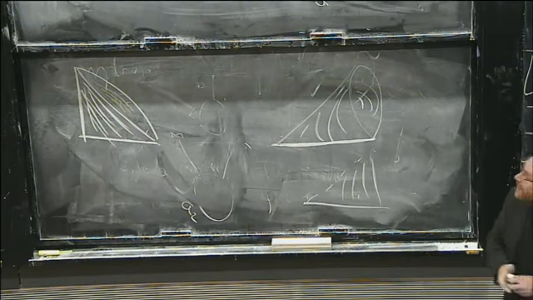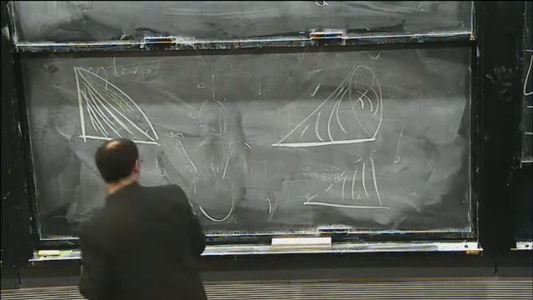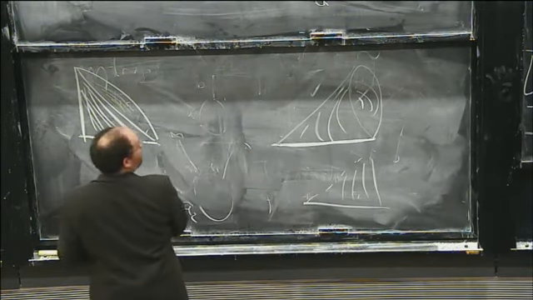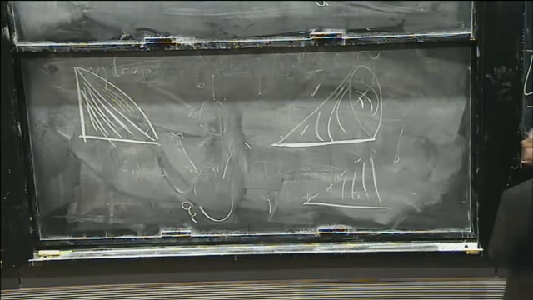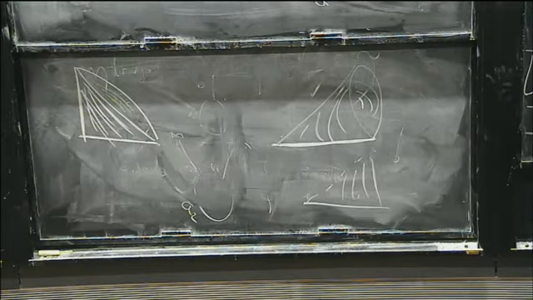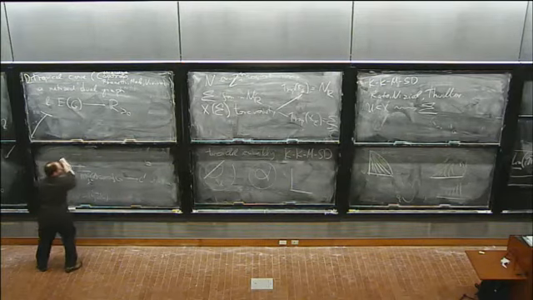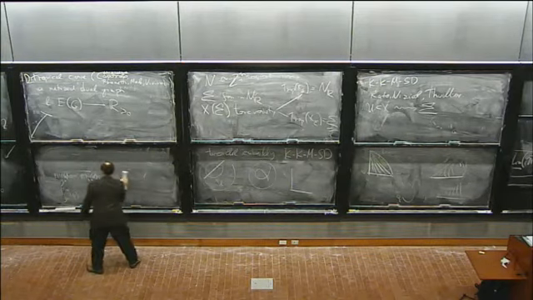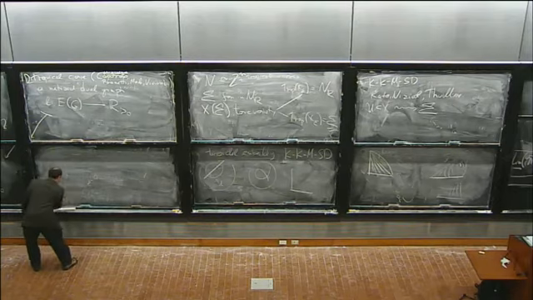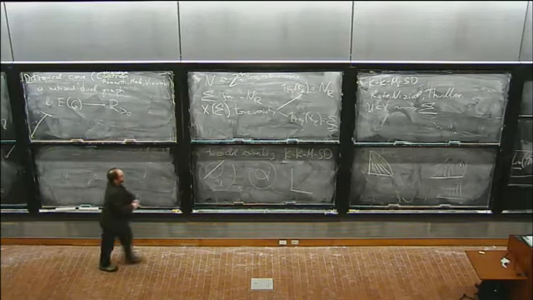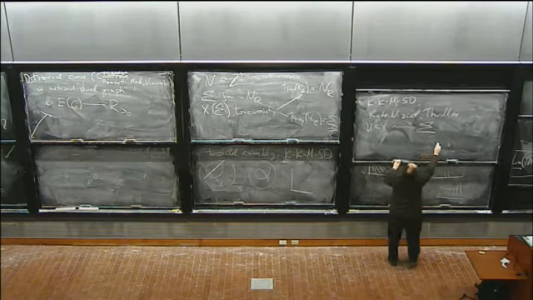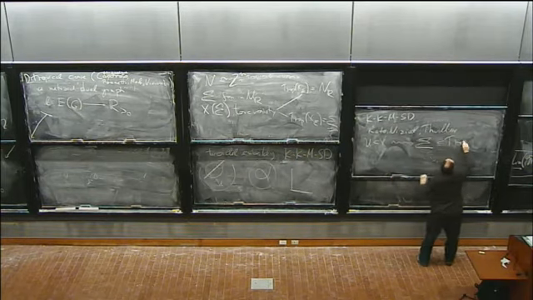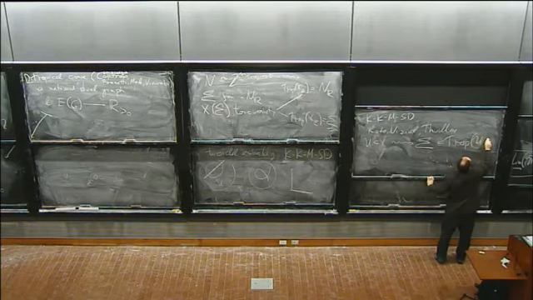So here's the main result. If you don't mind, in analogy with the toric case, I'll call this thing the tropicalization of the toroidal embedding.